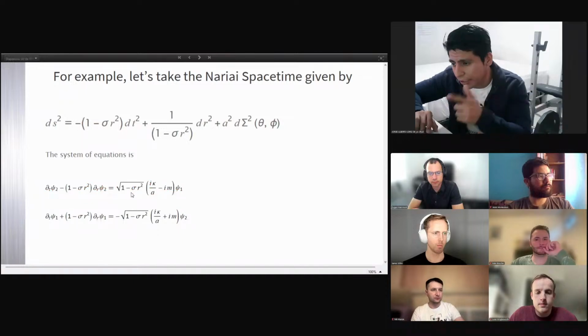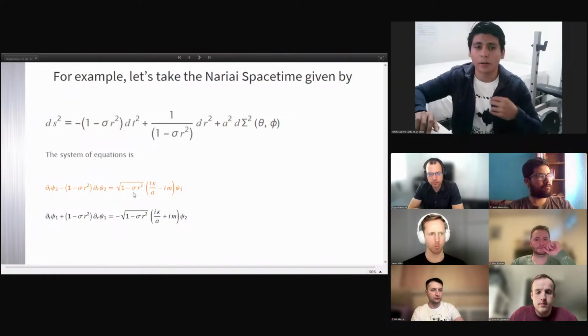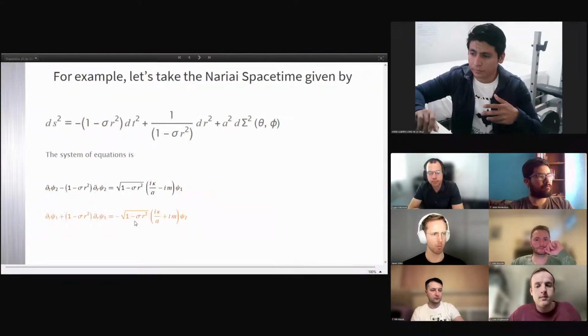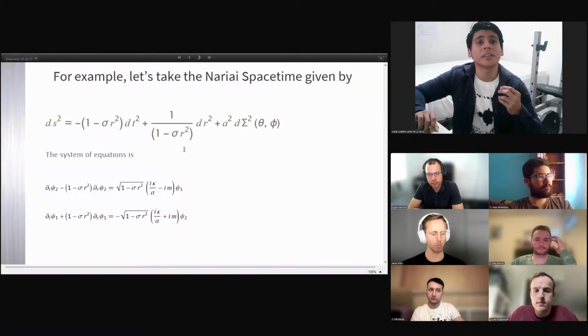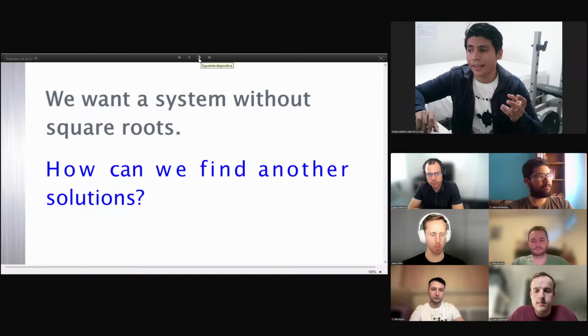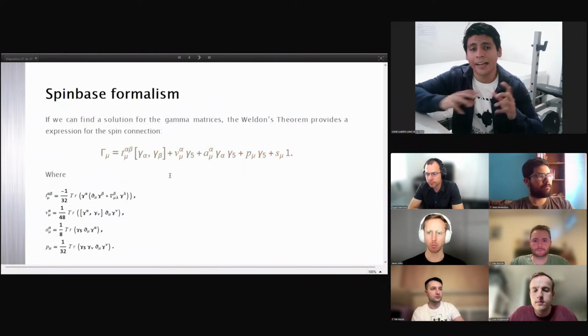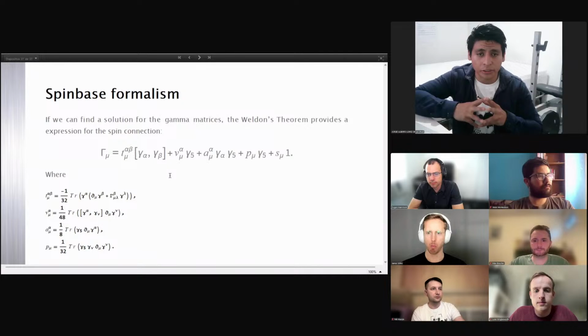Look at this equation. Here is the square root that I want to avoid. All right. If I want another system of solutions for the gamma matrices, I need another formalism. The tetrad formalism is not enough. So here I'm going to use this spin-based formalism.